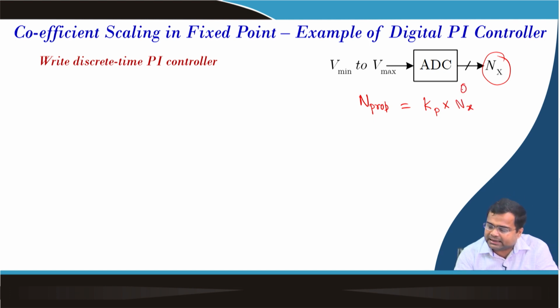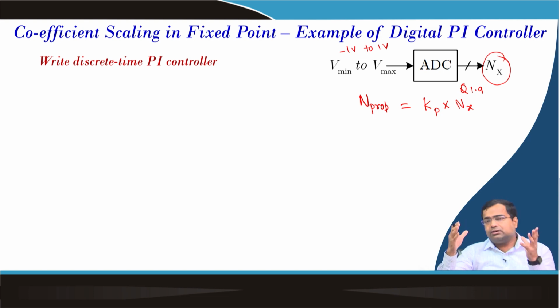Let us say Nx is Q1.9 signed. What does it mean? This voltage varies between minus 1 volt to plus 1 volt, and Q1.9 means the maximum value can be close to plus 1, and the minimum will be minus 1.